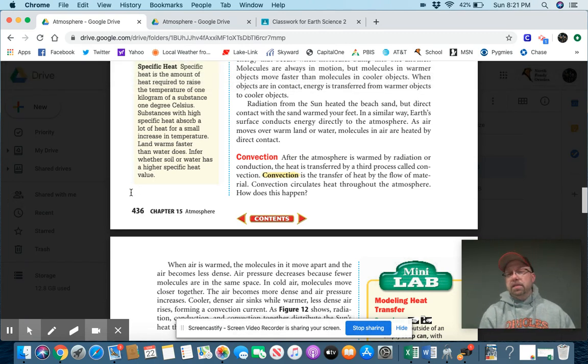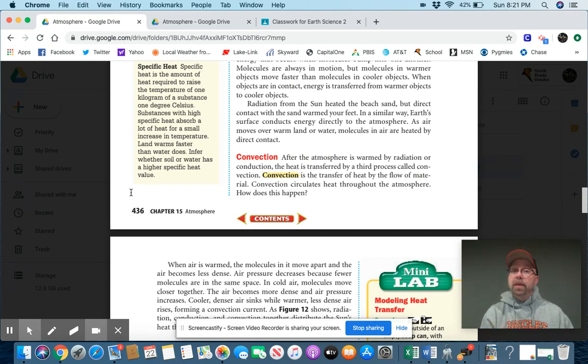Let's see, we get some nice hot sunny summer days and it heats up the cement around Village Pool. First of all, the air that's touching the cement is warmed by conduction. Those air molecules bump into the cement molecules and heat is transferred in that way. But hot stuff rises.